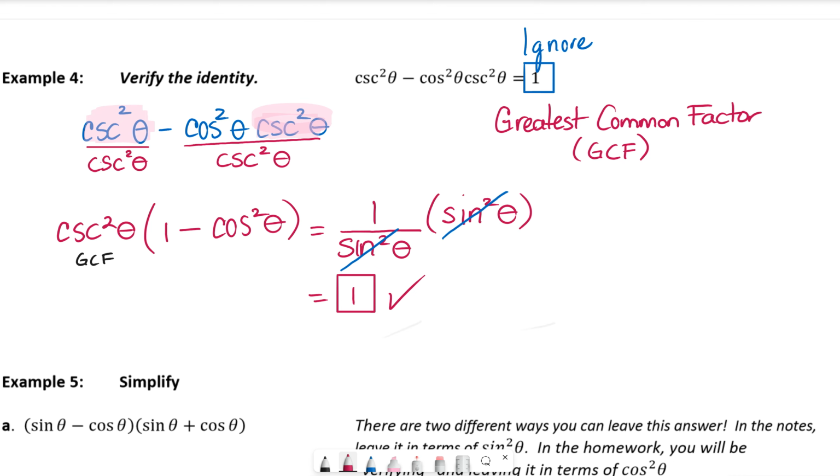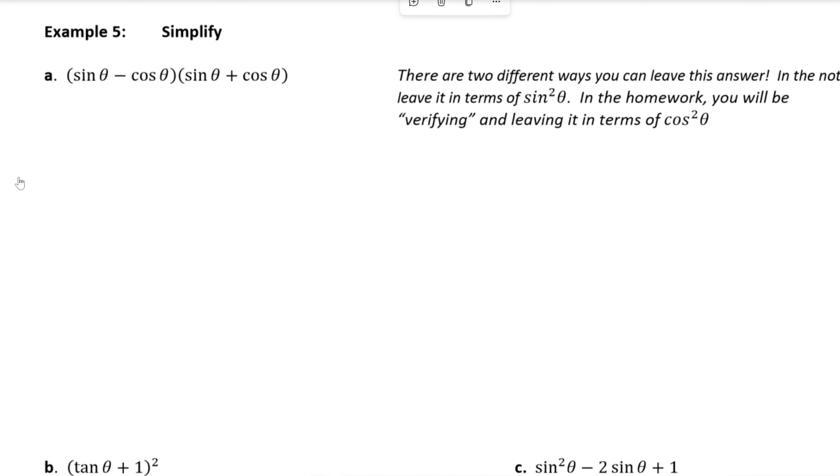Last but not least, okay, when it comes to problems like this, please, just like you've done in the past, when you see distribution, you are still going to multiply, okay? Now, I want you guys to notice, though, in this particular problem, this is an A minus B, A plus B scenario.